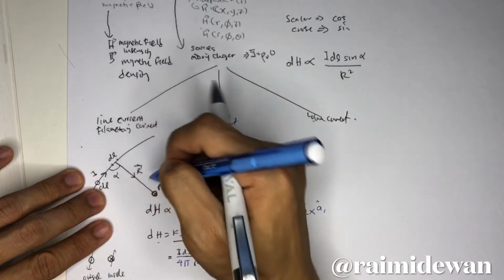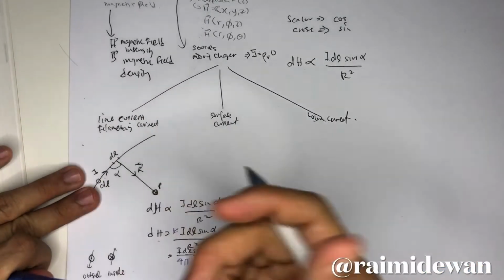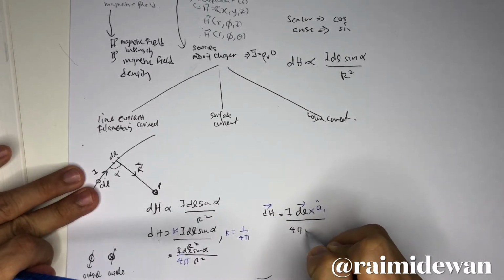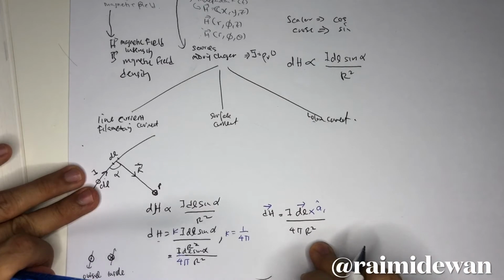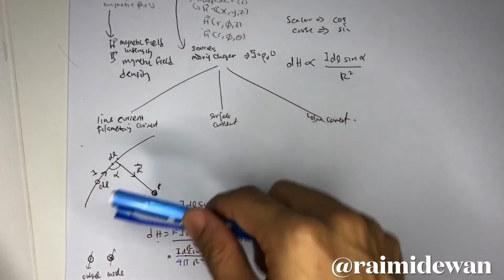Okay, the unit vector here, the unit vector means magnitude only 1, and then 4 pi r square. We know r is the distance between them.